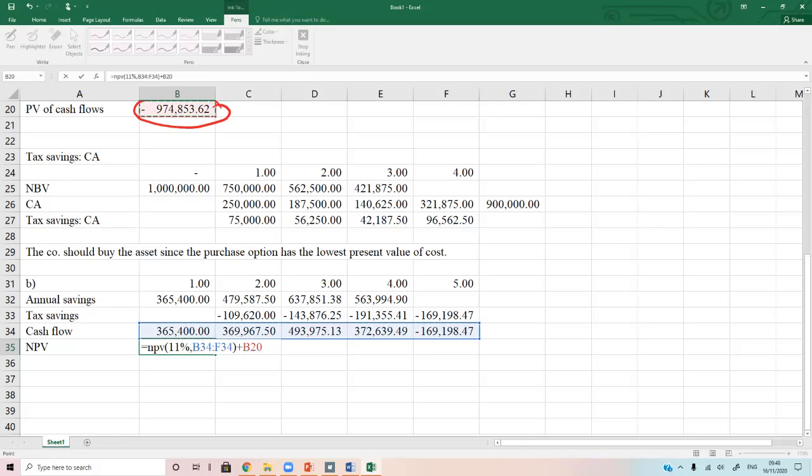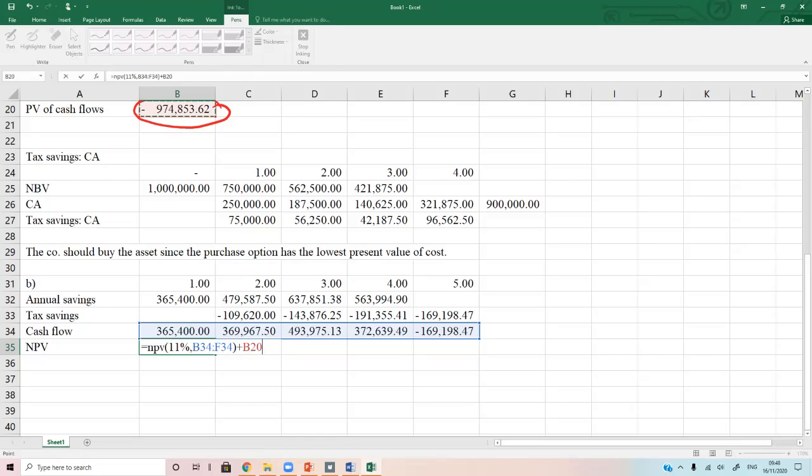The present value of cost you'll incur if you decide to buy the asset is 974,000. Therefore, NPV is the sum of cash flows minus 974,000. Clear? Brian? Yep. Daisy, is it clear?